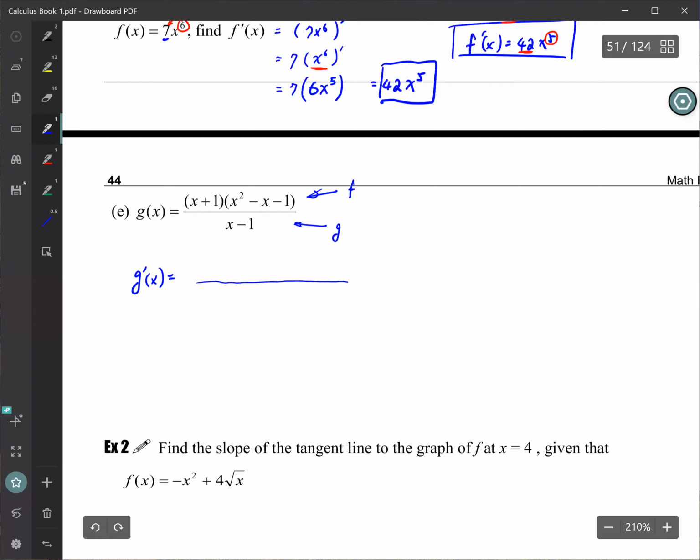There'll be a much longer numerator. Remember, for this question, you don't need to simplify. Just apply the rule, that's all.